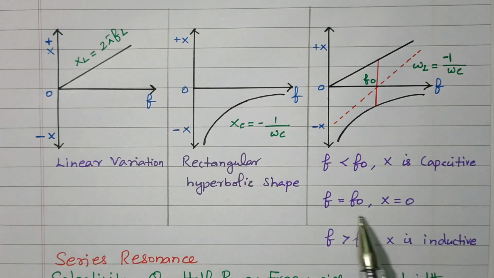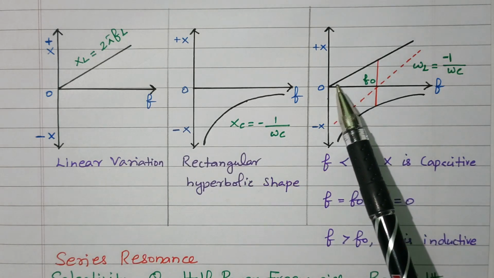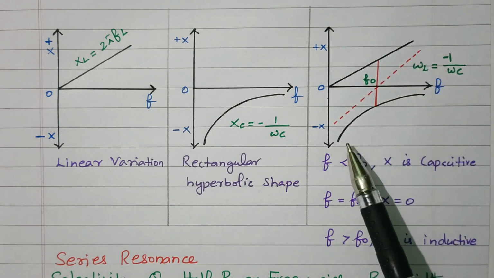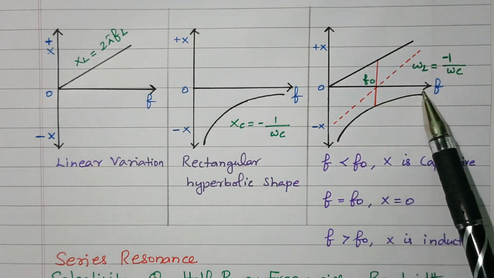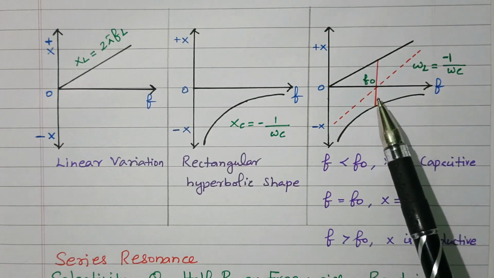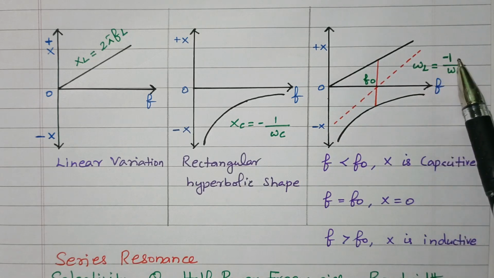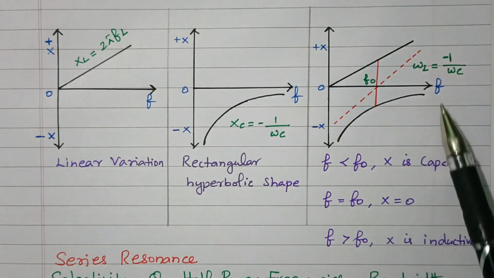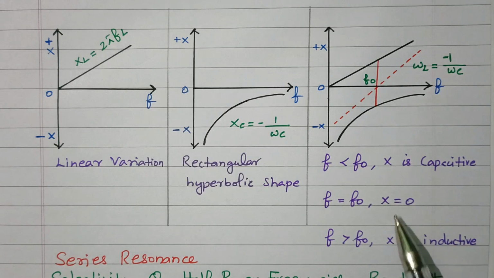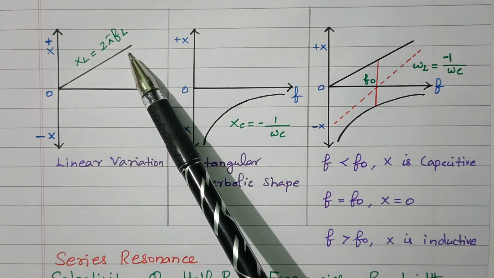If both are equal and reactance is 0, we get this value. Where the linear as well as the hyperbolic curve cut is called F naught, that is, omega L equal to 1 divided by omega C. Both are equal and reactance is 0. So for inductive reactance more, we get the linear variation.